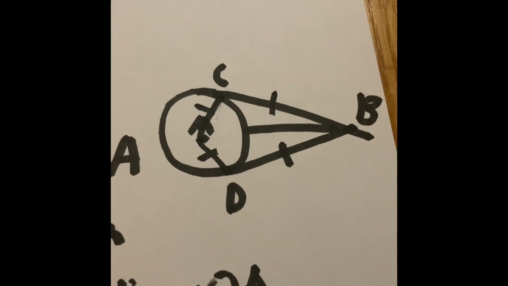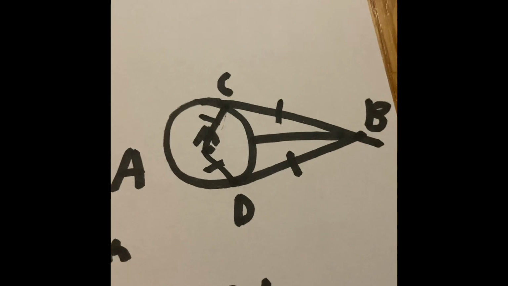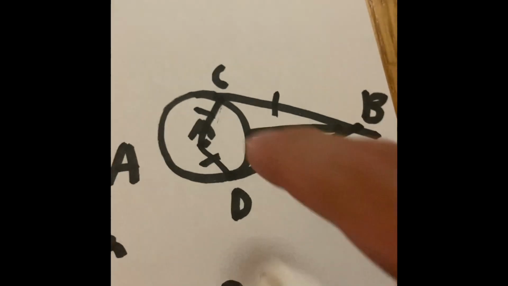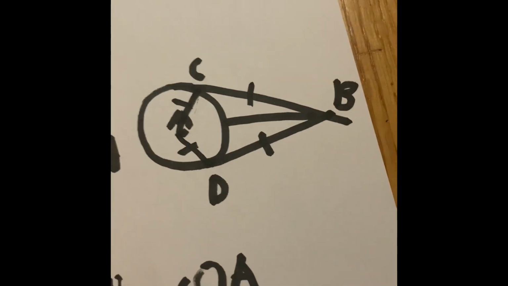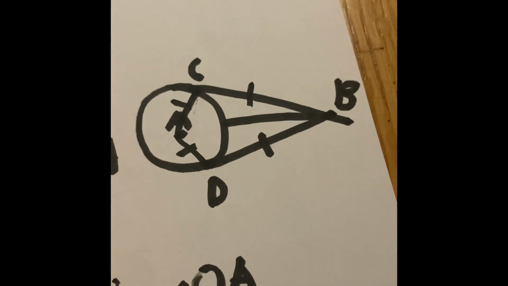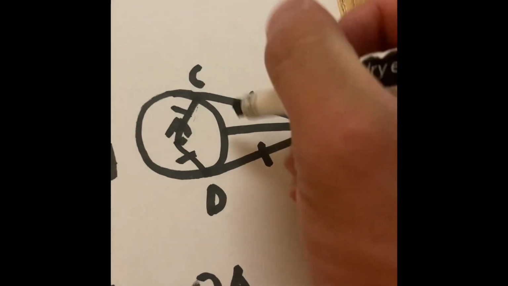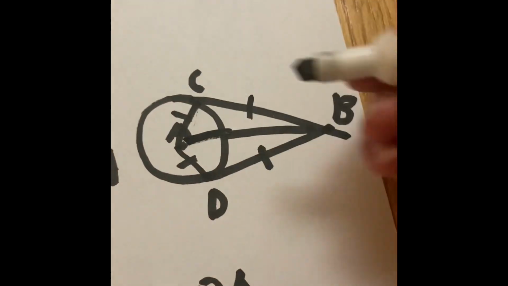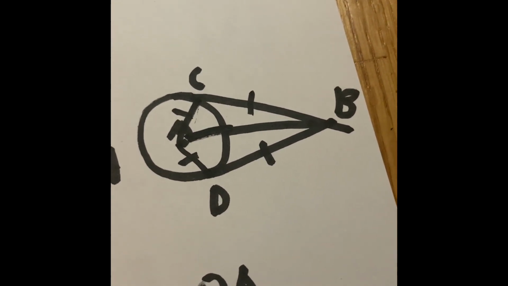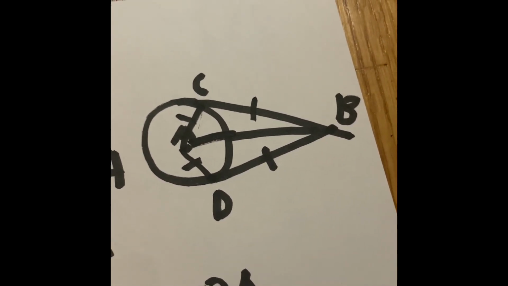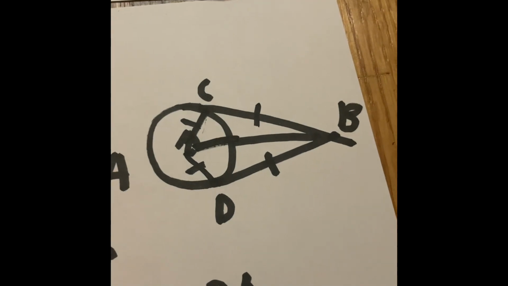So speaking of the next step, if we found that CA and DA are congruent, what else can we conclude? Well, right here, it appears that AB is congruent to itself.